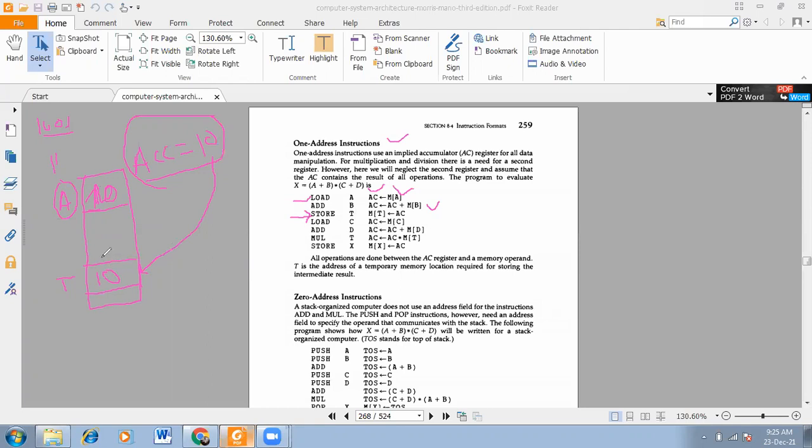So this is the load, add, mul, store. I have explained everything. Nothing remaining.